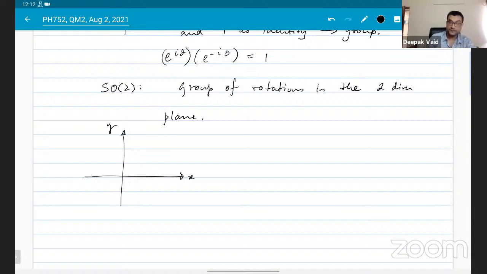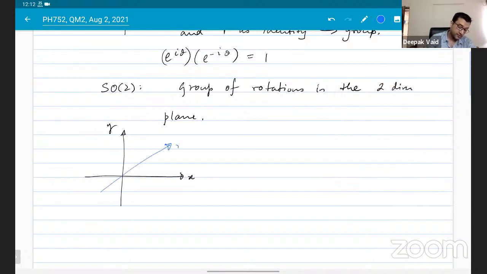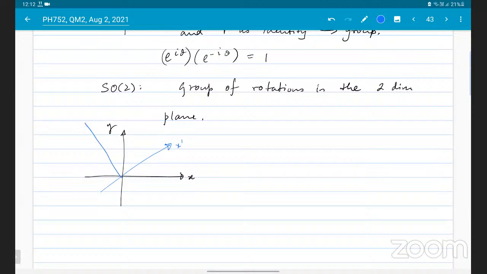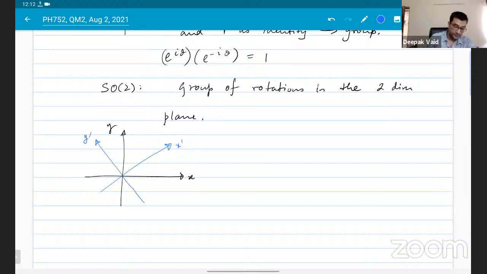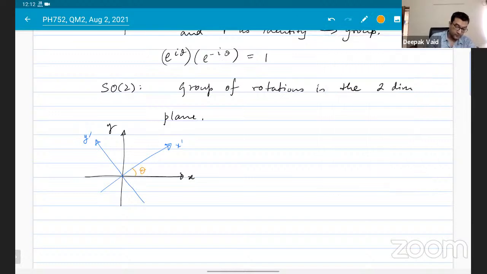You have x and y, and I perform a rotation to different coordinates, x prime and y prime, right?